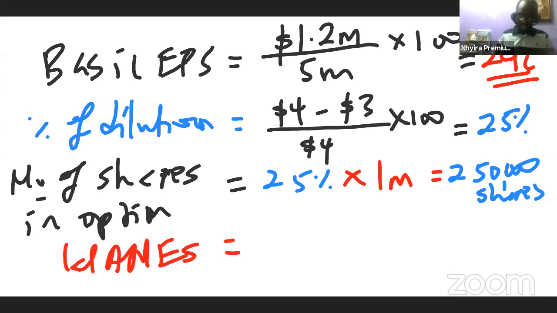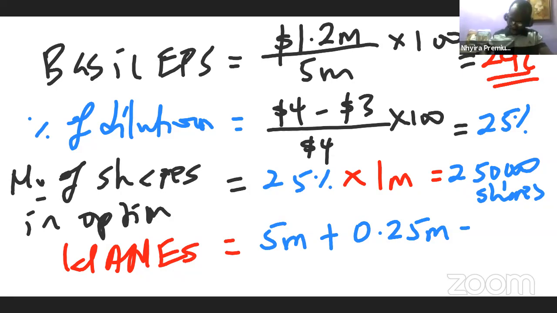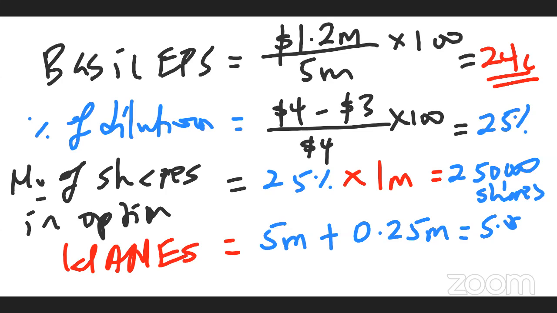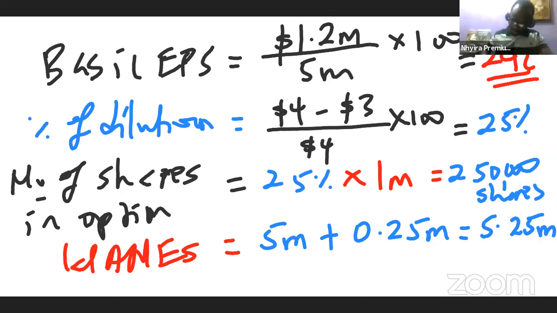So that's going to be the outstanding shares of 5 million, not $5 million, but 5 million shares, plus 250,000, which is 0.25 million. So that will give us 5.25 million shares.